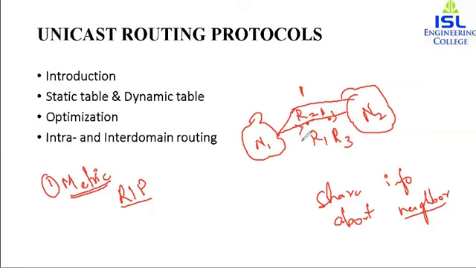But it is not the case with R1 and R3, where it is using two routers. So it will prefer R2 over here. This is an example of a metric, that is, it is using one hop. If the packet is passed from router 1 to router 2, then to router 3, this is one hop, this is the second hop. So here it is two hops.